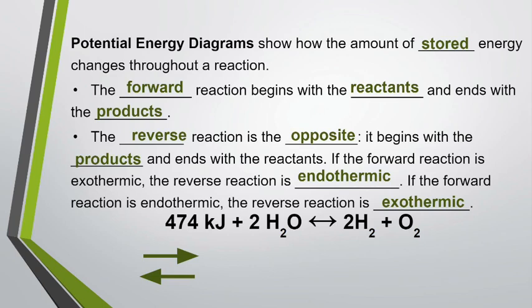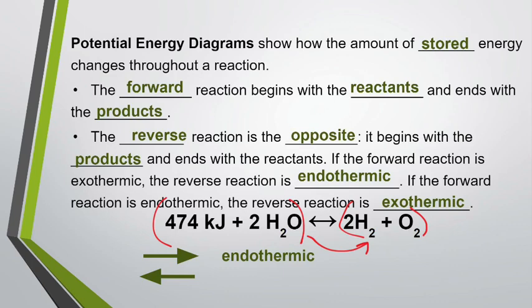And you can see that using this chemical reaction example that is written down below. We have our energy term here on the reactant side. So it's going into this reaction with that water to produce the H2 and O2, which means that forward reaction is endothermic. That energy that was separate from the water molecules is now getting tied up in the bonds of these H2 and O2 molecules.